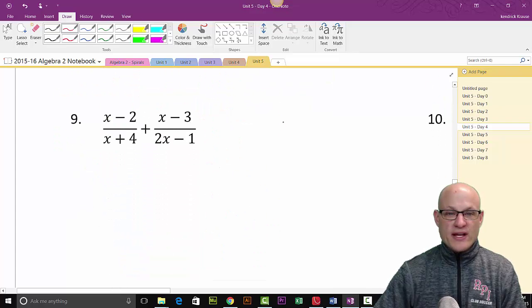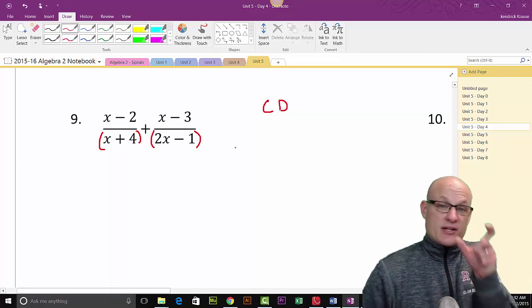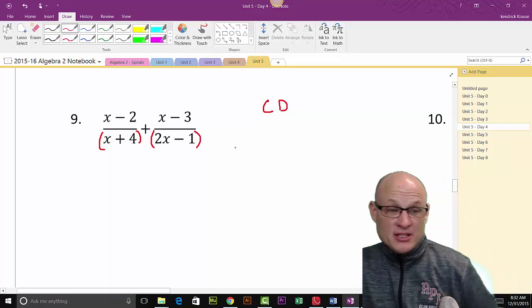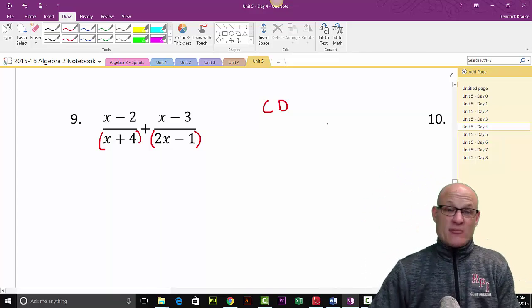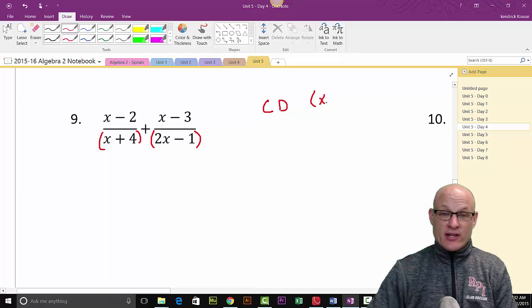Alrighty, so things that are in the common denominators. Remember, every time you have a binomial, put parentheses around it so you think about it as being one item. So my first item that's in the common denominator is x plus 4. My second item is 2x minus 1.